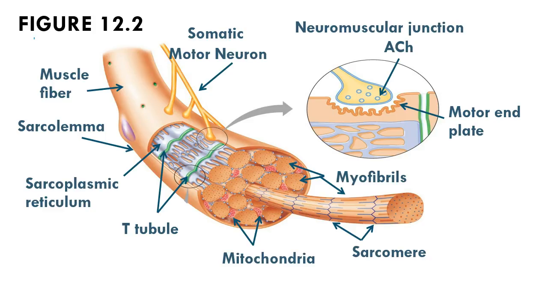What's the green thing next to that motor end plate? Transverse tubules. Will it have any nicotinic receptors on it? No. It's not anywhere close to the somatic nerve, really. What is on there, though? There are some receptors.